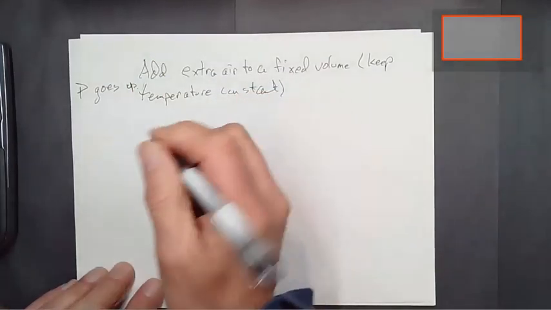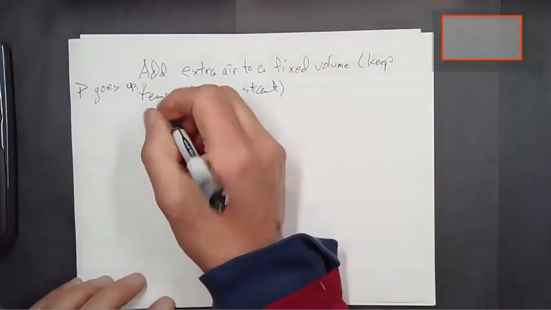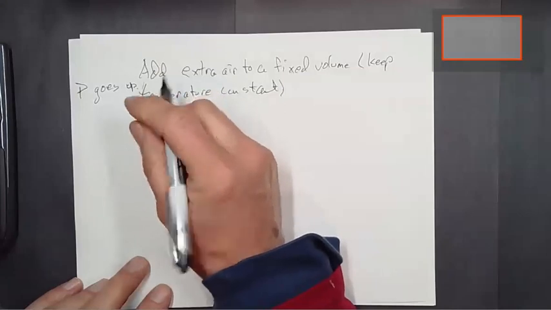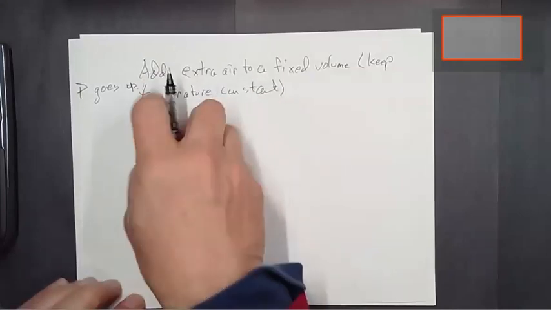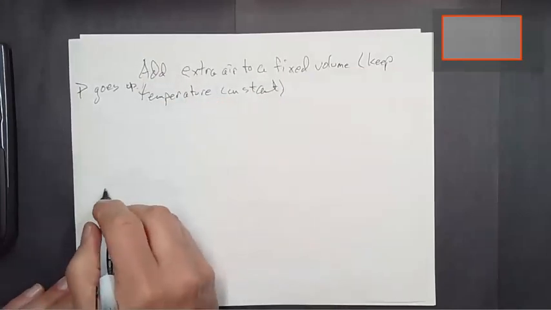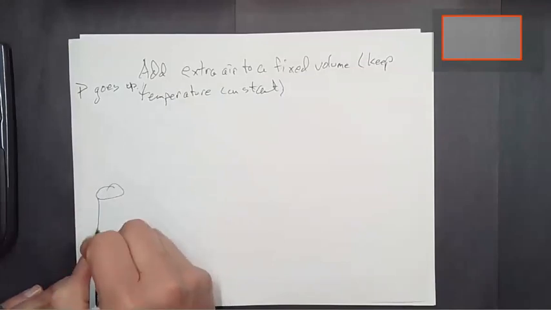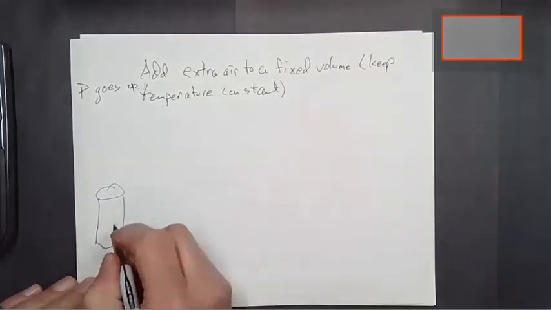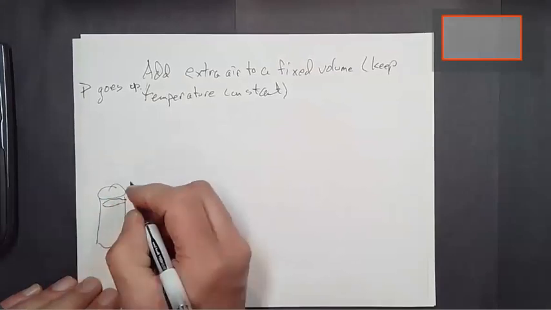Okay. Well, what happens if you, oh, shoot, I can show this at school. I've got a little cylinder thing, and it's got a piston on it.